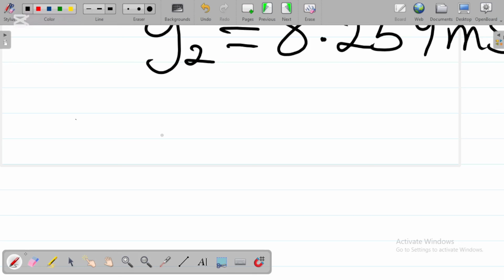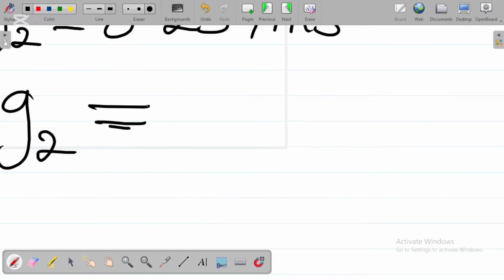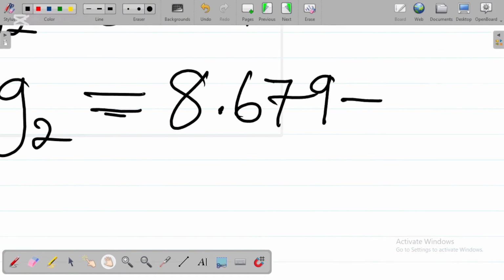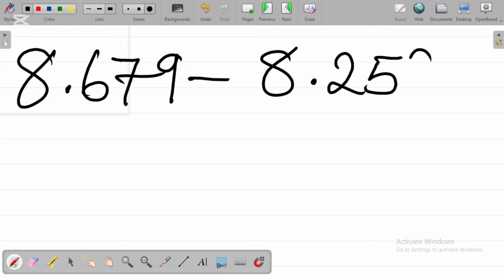Therefore, the difference between the acceleration due to gravity is G1 minus G2, which gives us G1 minus G2 is 8.679 minus 8.259.